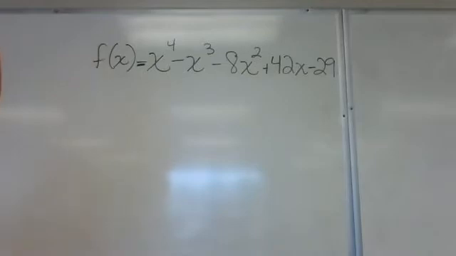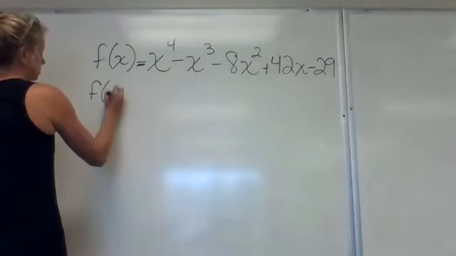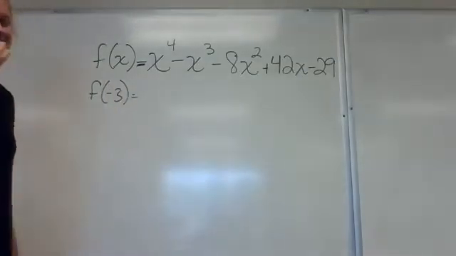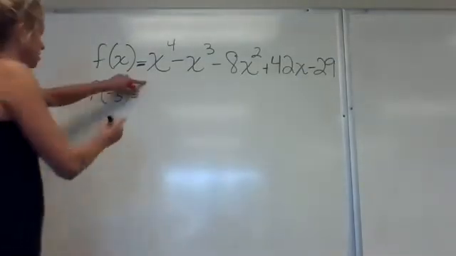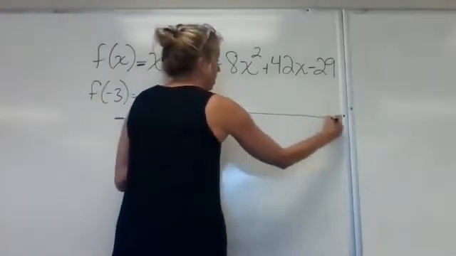And what are we finding here? F of -3. So -3 is the function value that I'm looking for in this function.